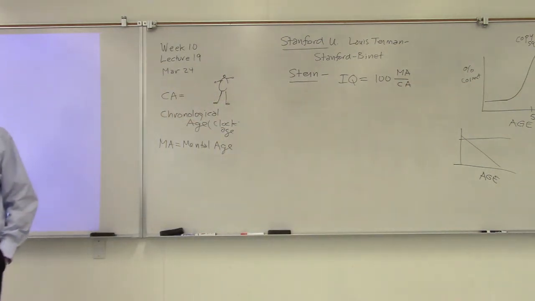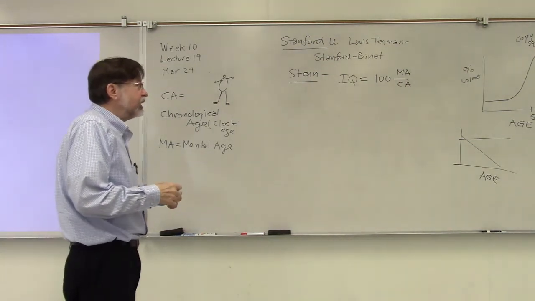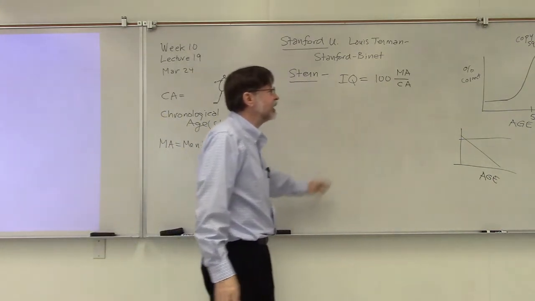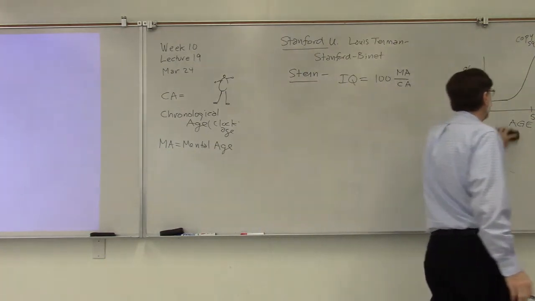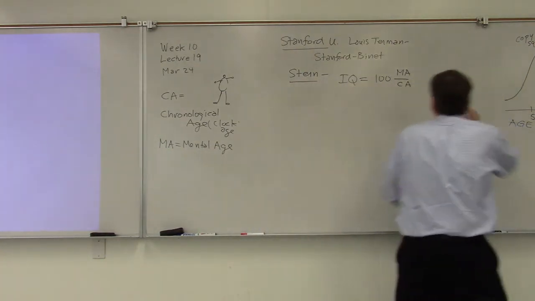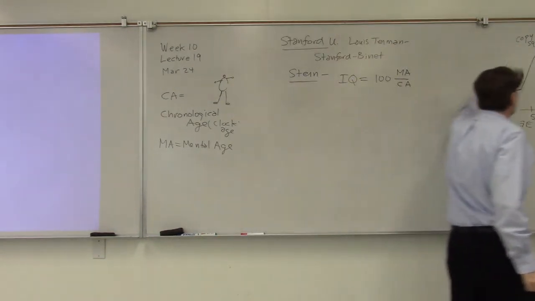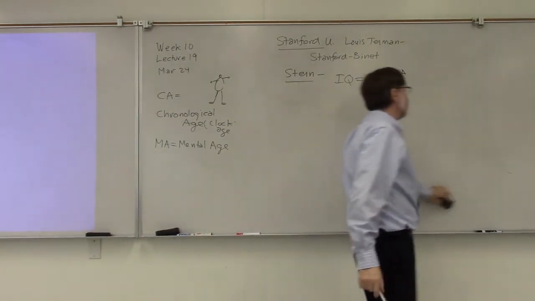Now, mental age is going to equal chronological age for the average person, right? Because if the average 5-year-old can do these things, they have a mental age of 5, so the ratio is 1 and the average IQ is 100, by definition, from the way the test items were created.